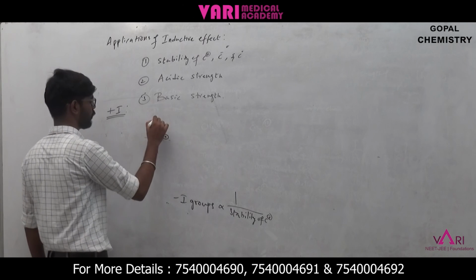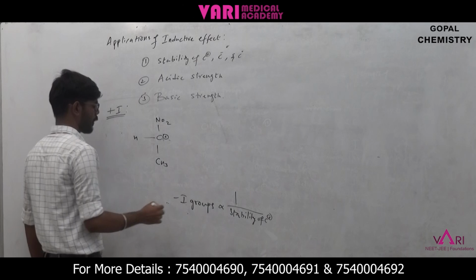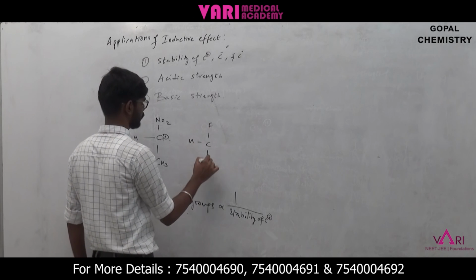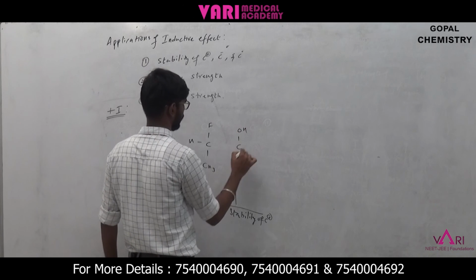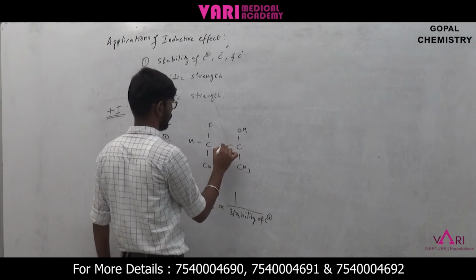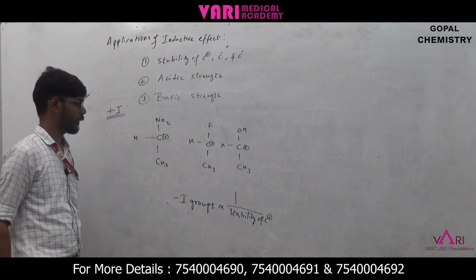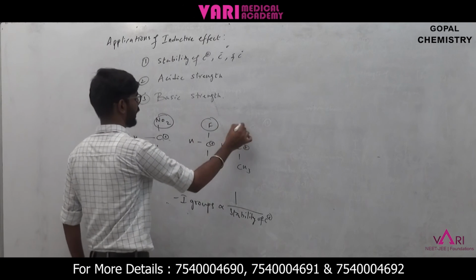Okay, if we consider this one NO2, and this one CH3, and next one, if we assume these 3 types of carbocations, the 3 groups are minus I groups, right?